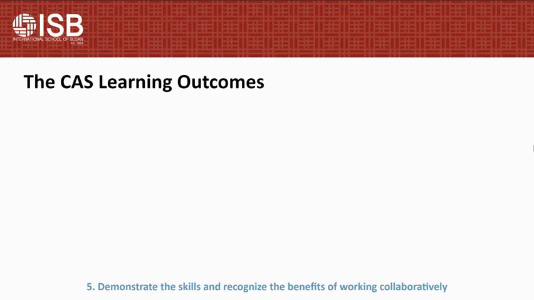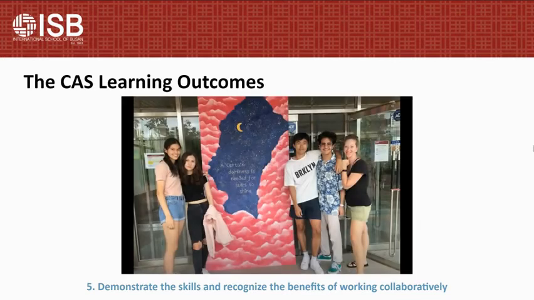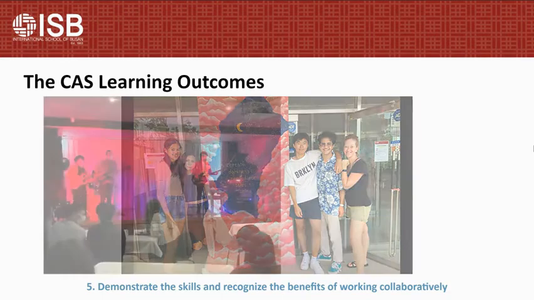Our fifth learning outcome is demonstrating the skills and recognizing the benefits of working collaboratively. And so this is a picture of a group of students who made a mural that was focused on mental health. You can actually see in the middle there, a certain darkness is needed for the stars to shine. And so they worked together at this, and this is actually a mural that hangs at our school.